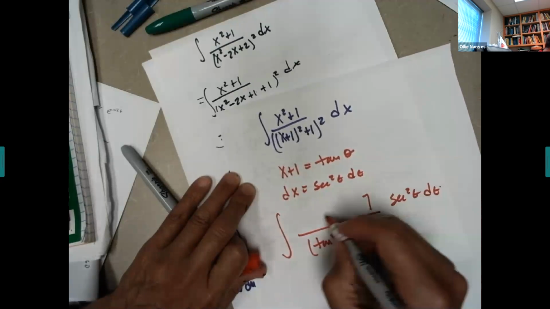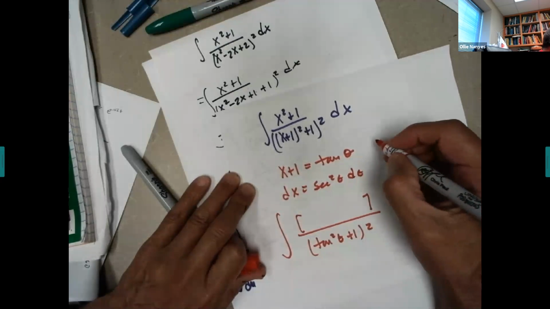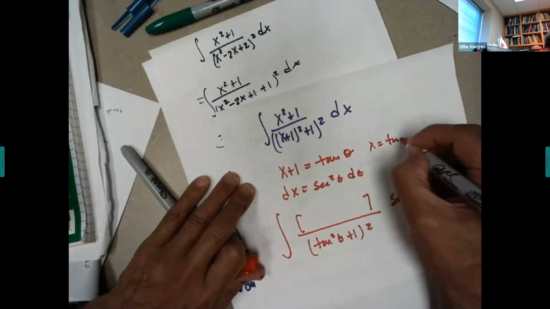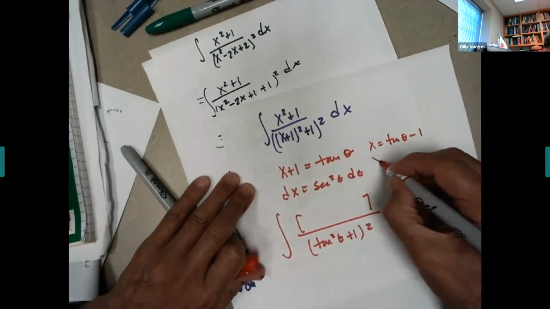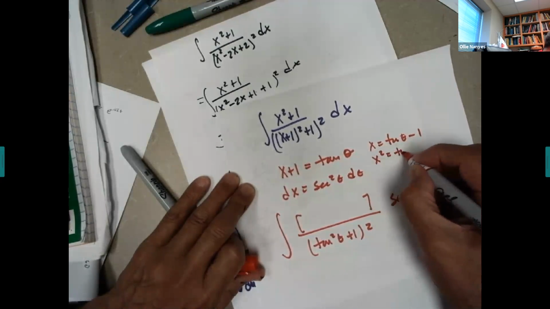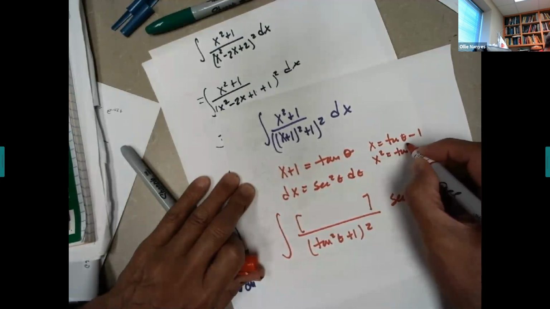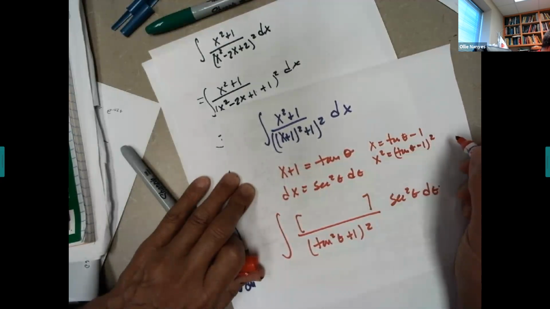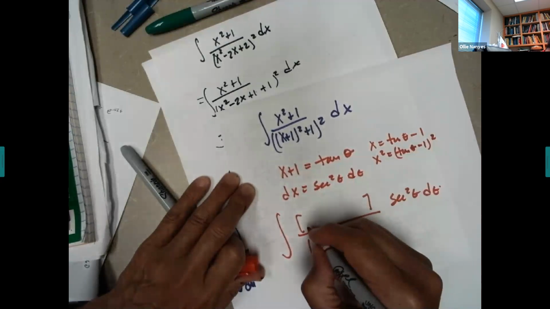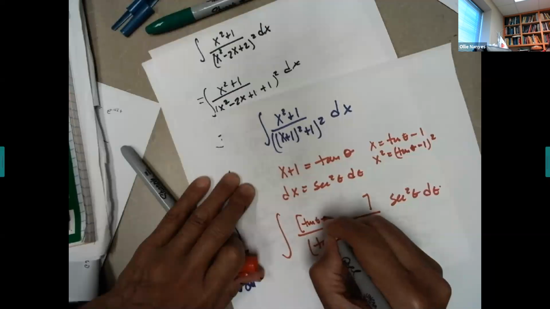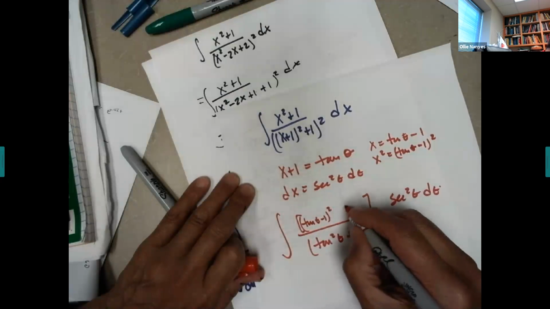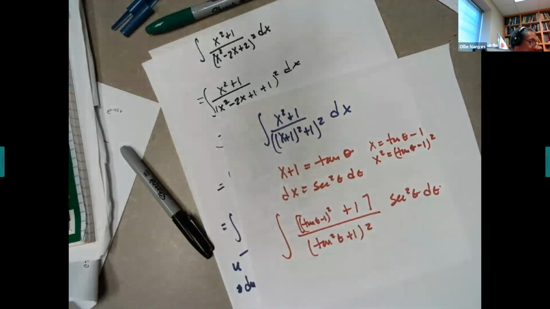So far so good. Oh yeah, this is probably going to work better. Now x is tangent theta minus 1. X squared is tangent theta minus 1 squared. And then you have a plus 1. Yeah, so that's a correct statement right there.